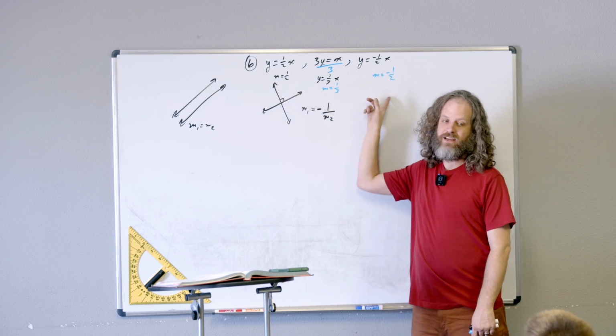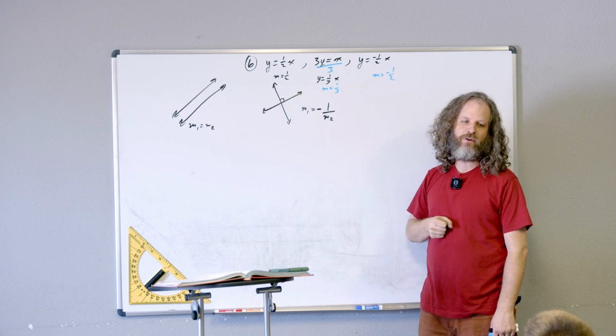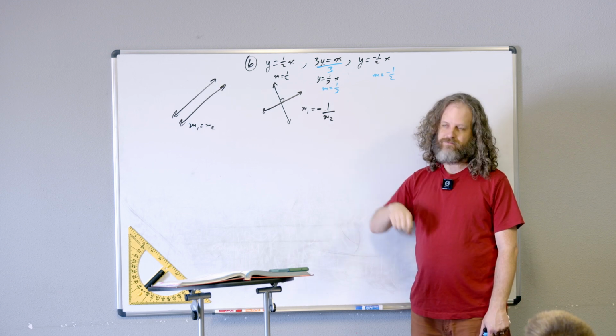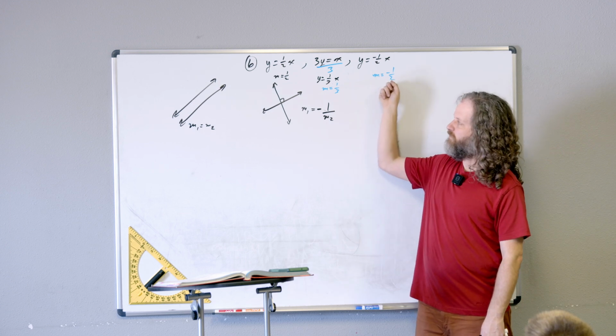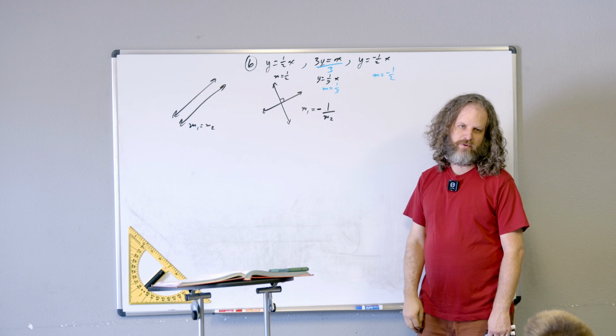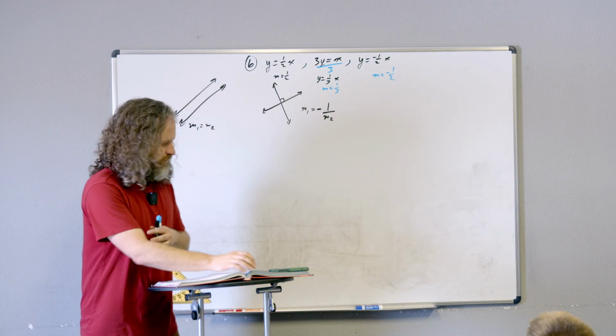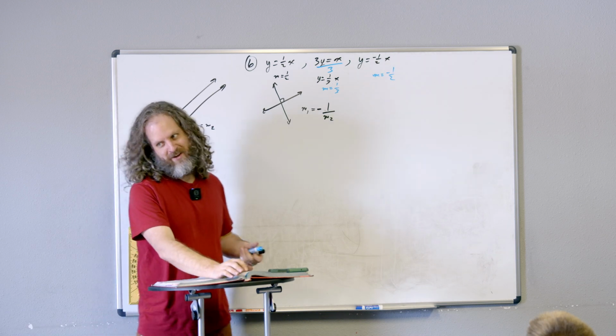They have opposite, but not reciprocal. What's the reciprocal of 1/2? 2 over 1, or just 2. So this would have to be a negative 2, and then they would be perpendicular.